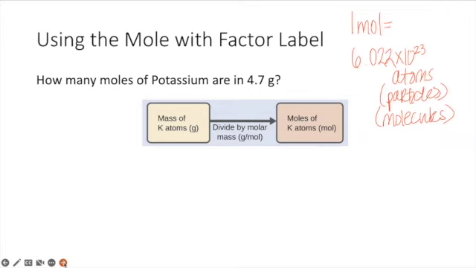So if we were to be asked how many moles are in, you know what, I actually want to skip ahead to a different slide real quick.